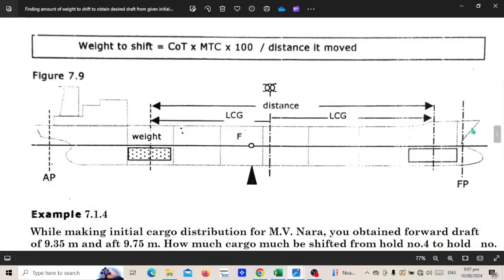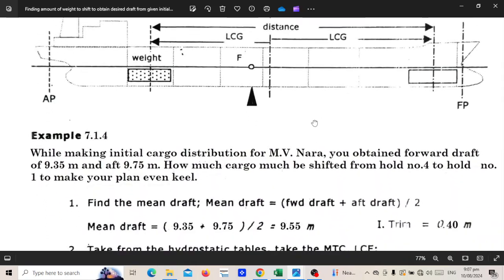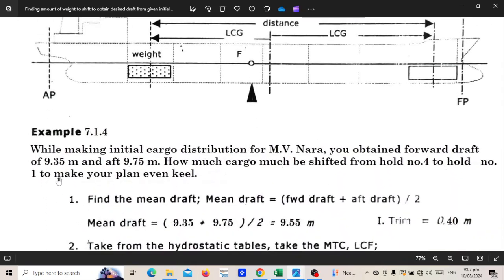Okay, so here's the problem. While making initial cargo distribution for MV Nara, we obtain a forward draft of 9.35 and aft draft of 9.75. So guys, the aft draft is more than the forward draft, so it's deeper, so greater.